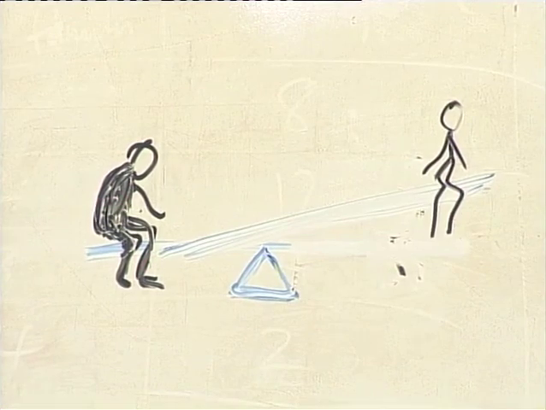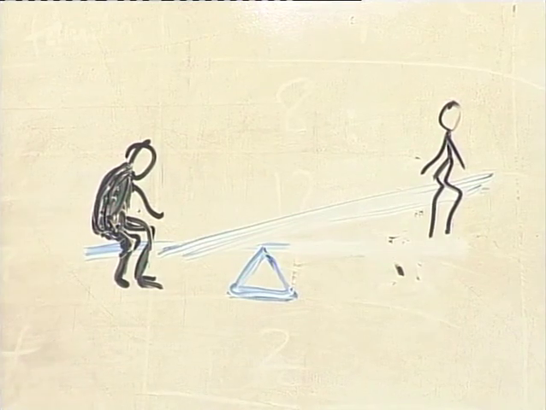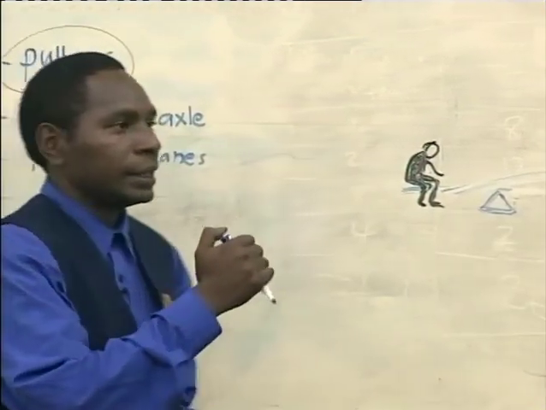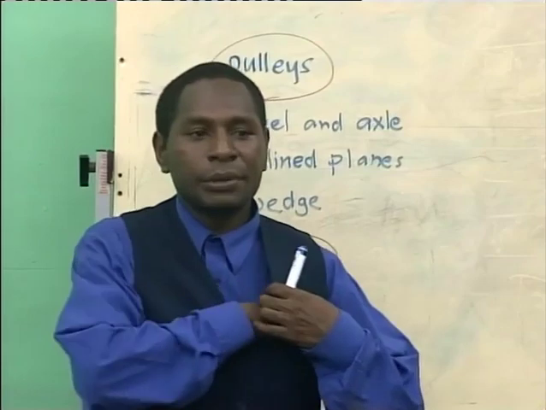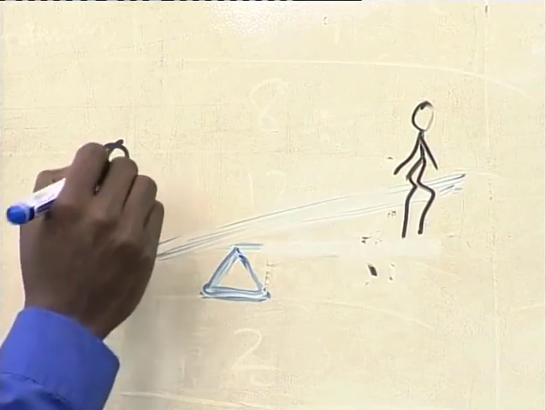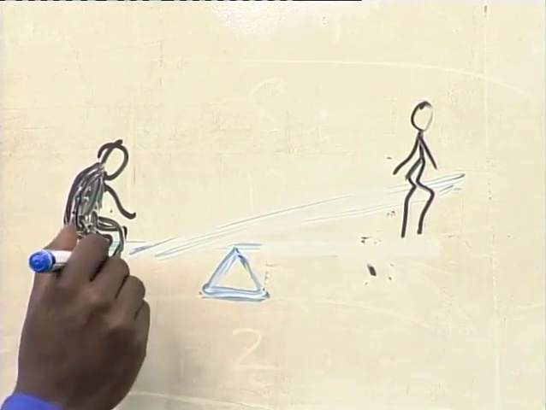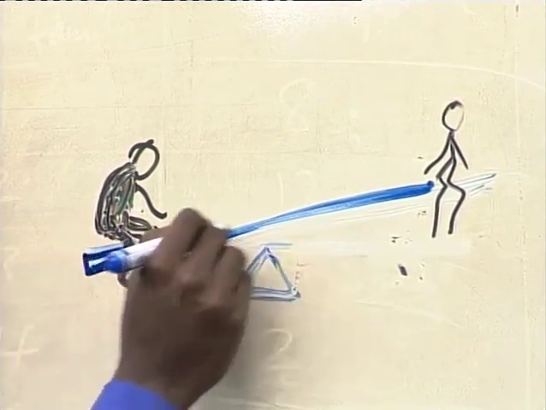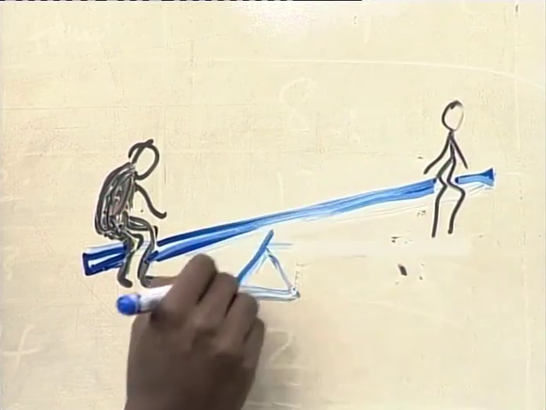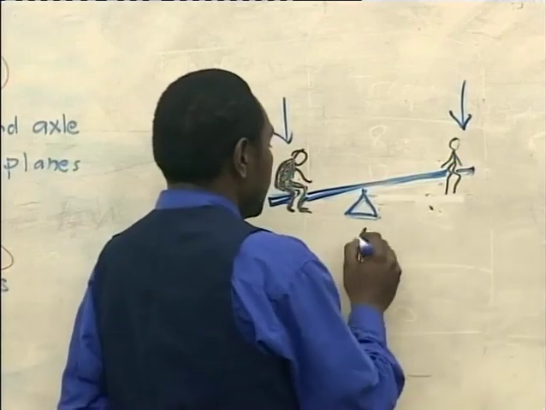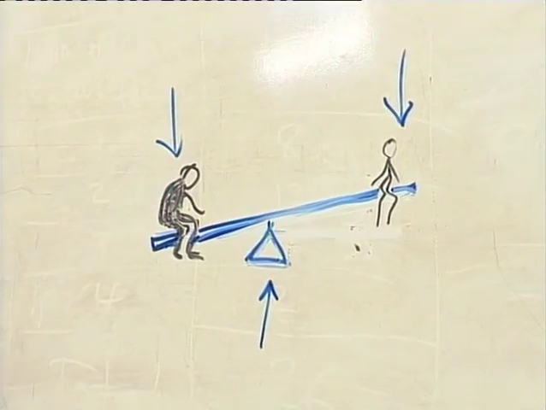Okay, what we're going to look at today is that on the lever itself, there are different positions that we can find. Now, where the person is sitting, where this fat fellow is sitting here, there is a name for this position and a name for this position and a name for this position.